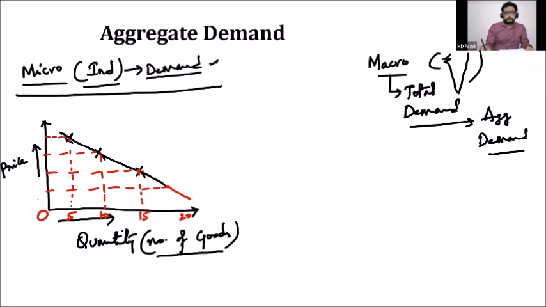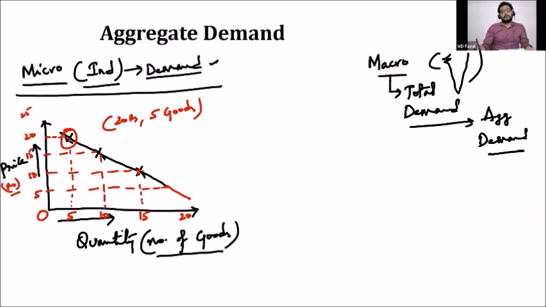Now you take this as 5 rupees, this as 10 rupees, this as 15 rupees, 20 rupees, and 25 rupees, price in rupees. Now just take this point. Look at the y-axis. It says 20 rupees, and the quantity of goods is 5.